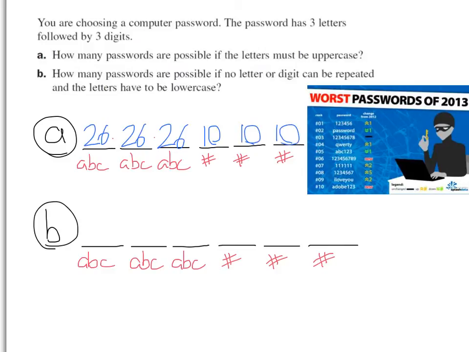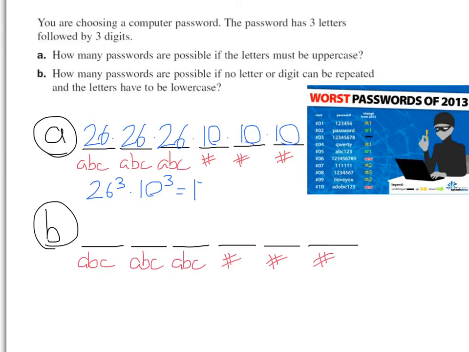So I have to multiply 26 by itself 3 times by 3 tens. In other words, this is nothing more than 26 to the third power multiplied by 10 to the third power. I've done the math for you in the interest of time. If you do 26 times 26 times 26 times 10 times 10 times 10, you get a very large number.